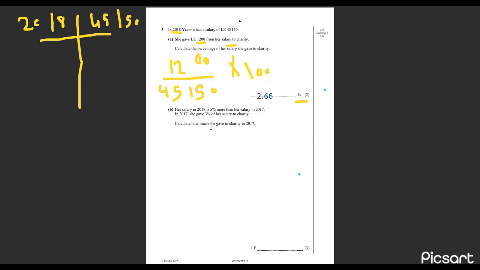Okay. Part B here, it asks: does her salary in 2018 is 5% more than her salary in 2017. So the percentage here, we can say 2018 is 105%.